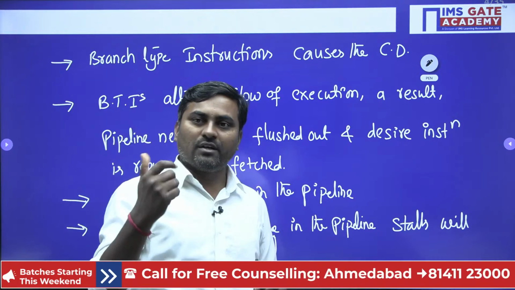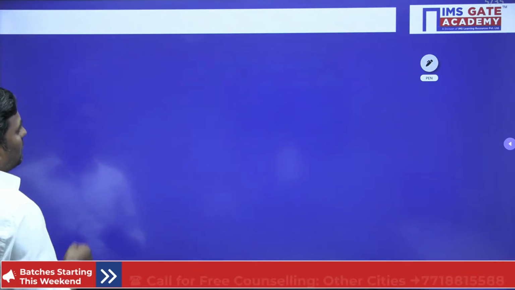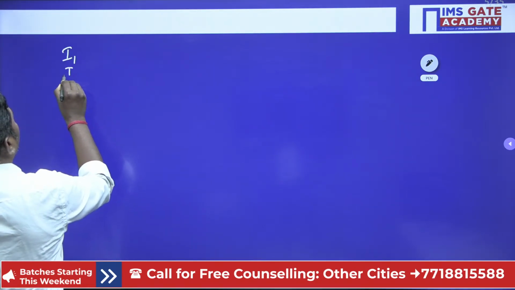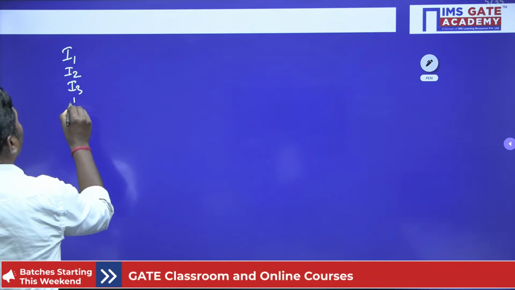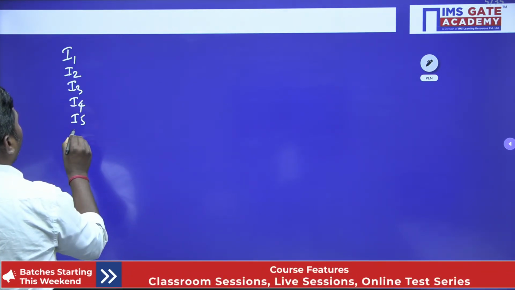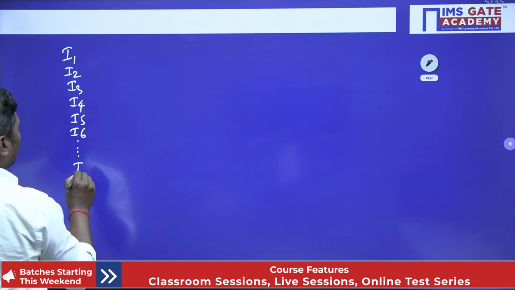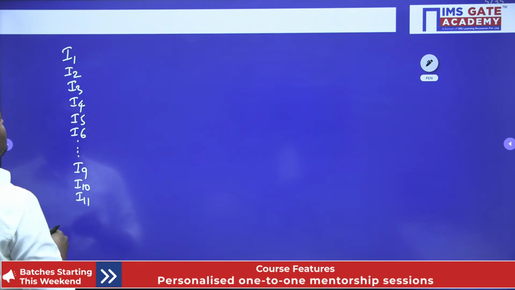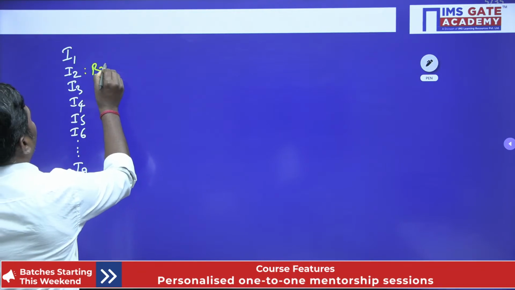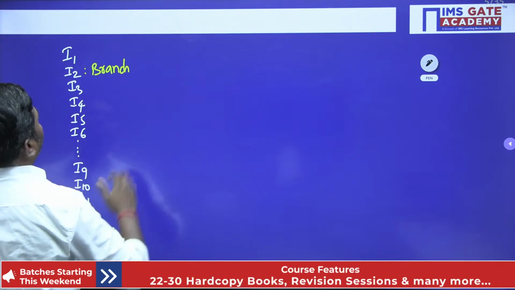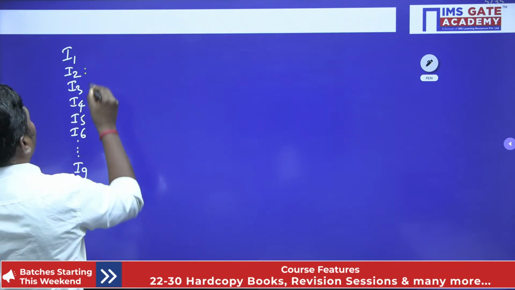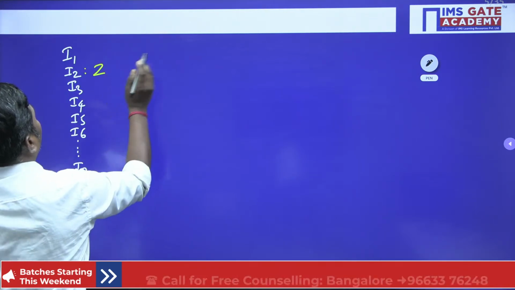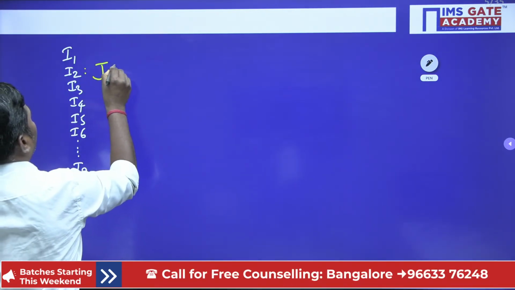Branch type instructions will create a problem. How it creates one, you can observe. I am taking an example: a program with a set of instructions. Let's take instruction 1, instruction 2, instruction 3, up to instruction 11. Let's take I2 as the branch instruction, jump 0, 2000.